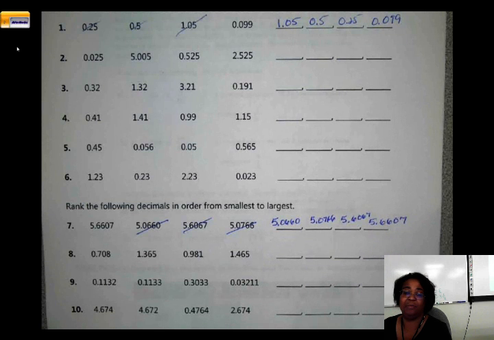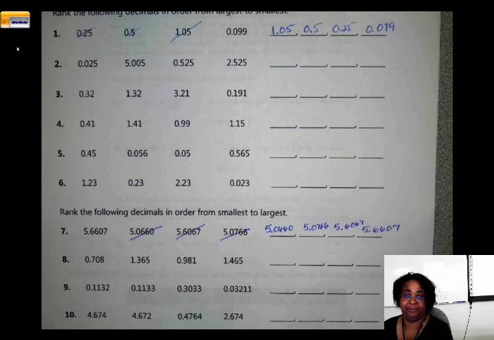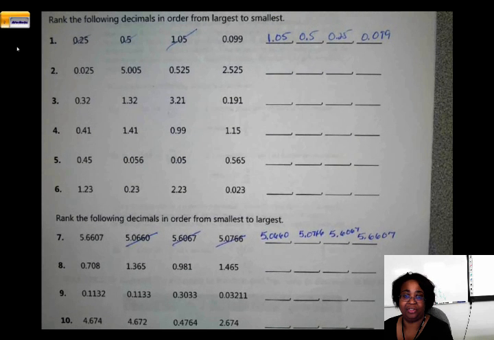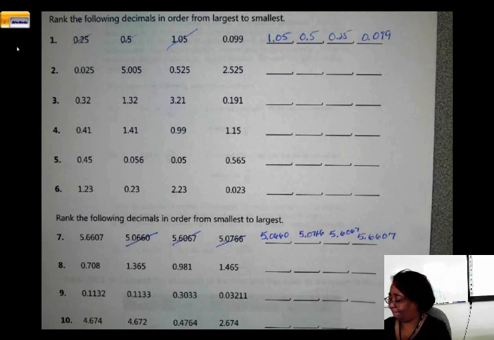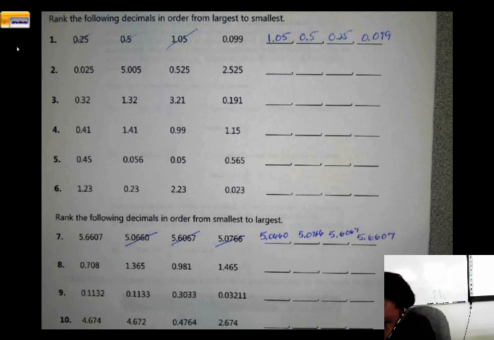There's an example there for you for smallest to largest. Smallest to largest and largest to smallest. Be sure to read the instructions so you know which way you need to go. Okay? That takes care of page 5.